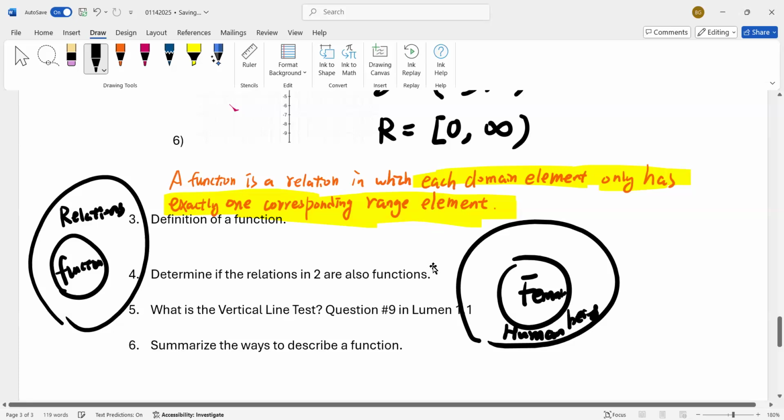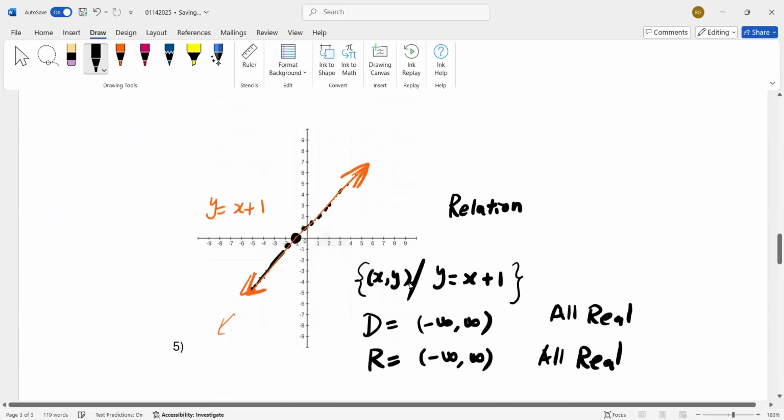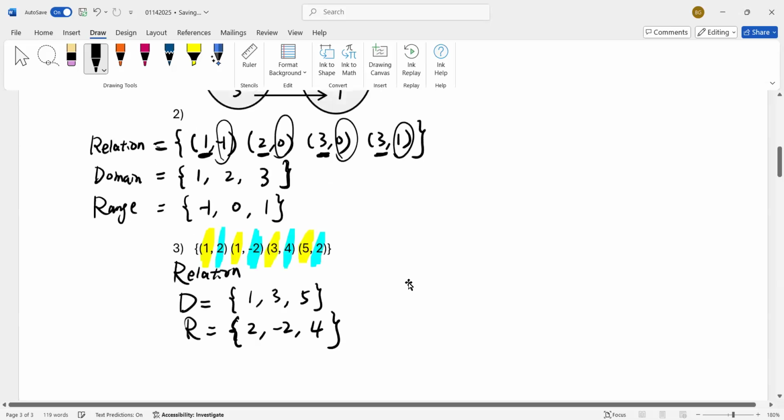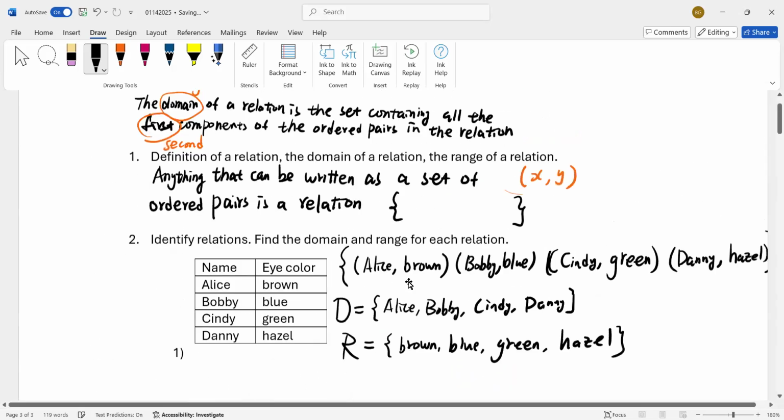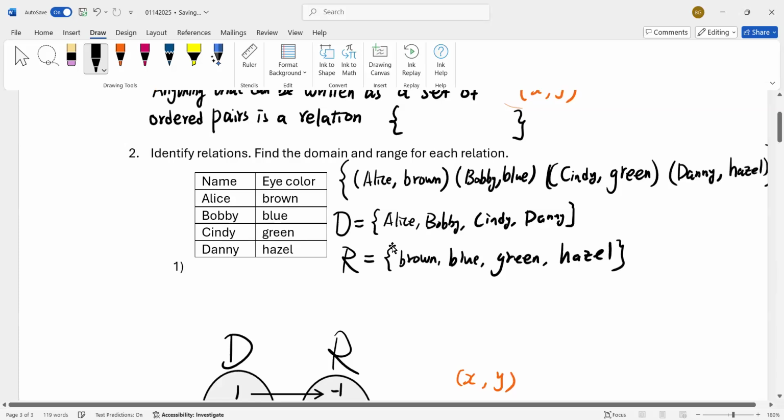We're going to look at those relations we identified in number 2 and determine if those relations are functions as well. So let's start from the eye color example. We agreed earlier this is a relation, right? And we wrote the relation as a set of ordered pairs.